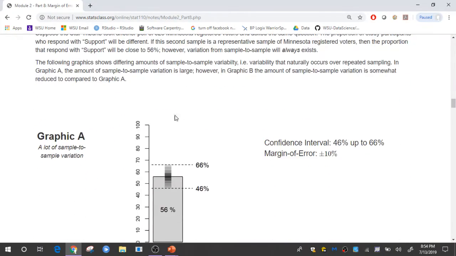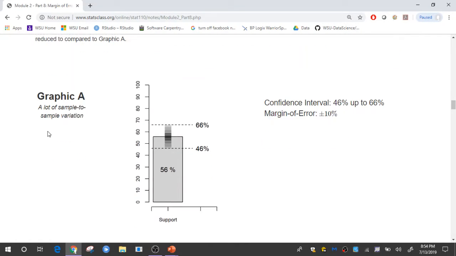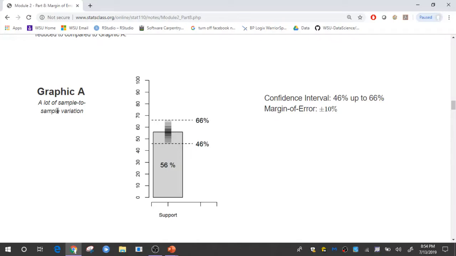So here's a couple of graphics here. So let us consider graphic A first. Graphic A has a lot of sample-to-sample variation. So what we mean by that is that over the repeated sampling from the population, this bar is going to vary quite a bit. And what I have drawn here, it looks like it's going to vary from 46% up to about 66%.